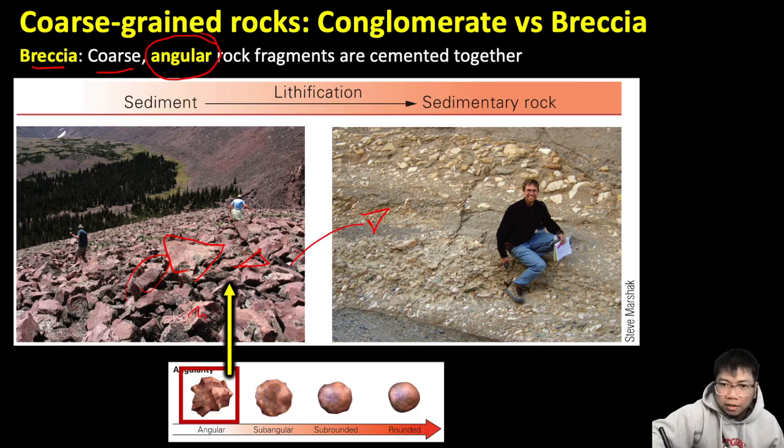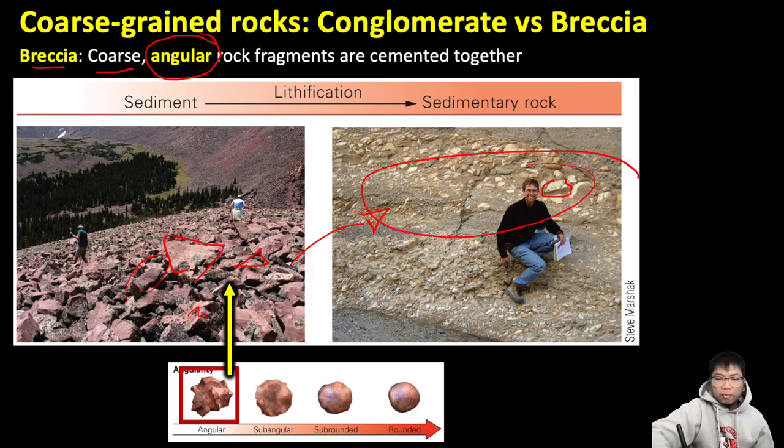As you can see, this person sits next to these very angular rock fragments. Therefore, this rock is called breccia. So again, the difference between conglomerate and breccia is the angularity of the rock fragments. Angular rock fragments belong to breccia, whereas conglomerate typically consists of rounded rock fragments.